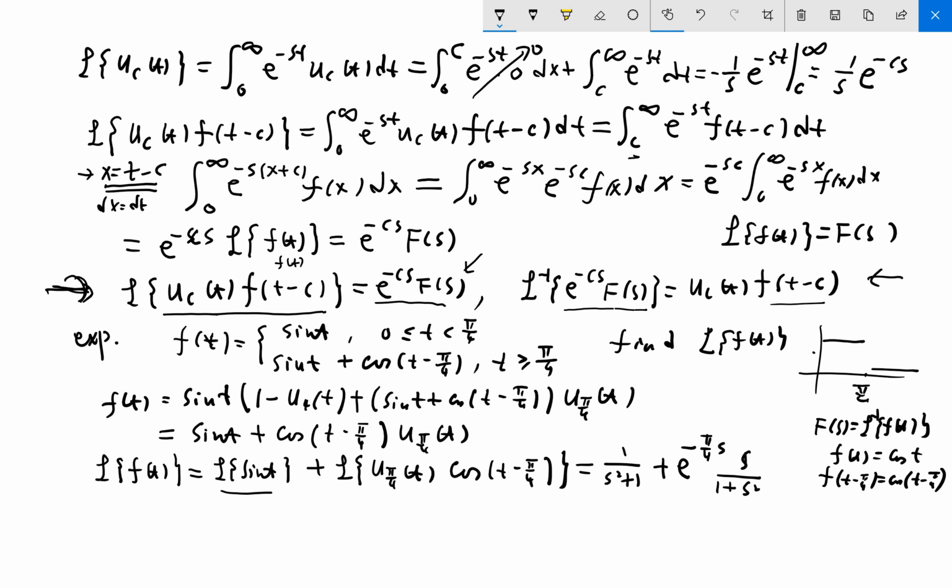For this case, small f(t) is cosine t. So its Laplace transform is s over 1 plus s squared. So we're done.